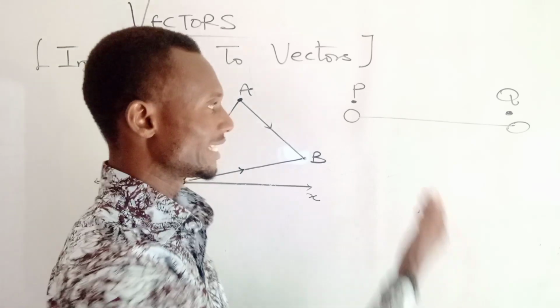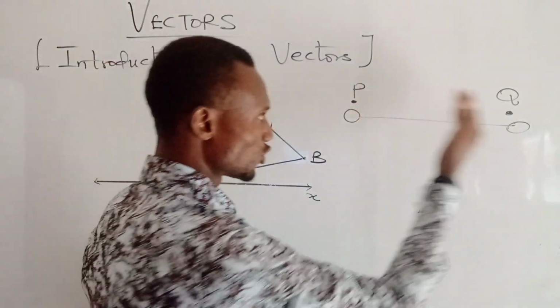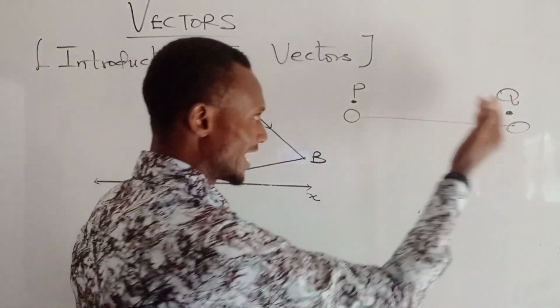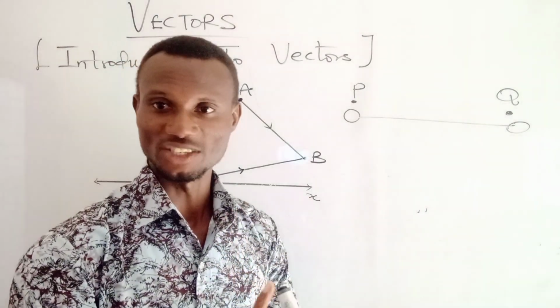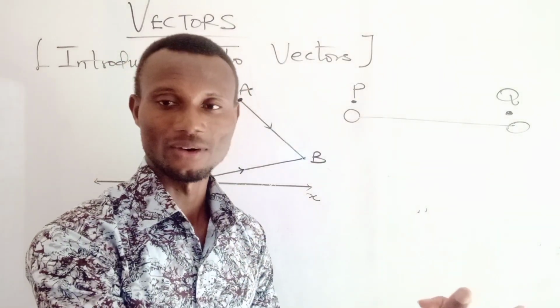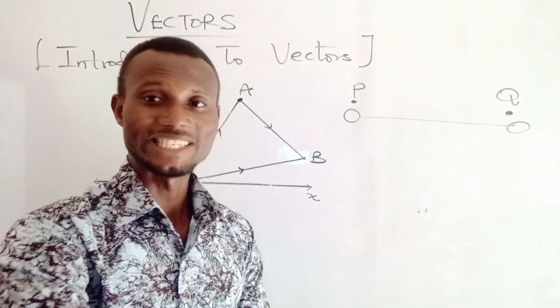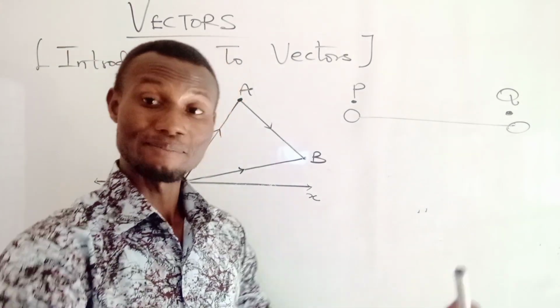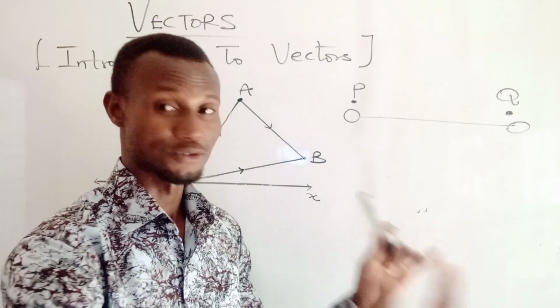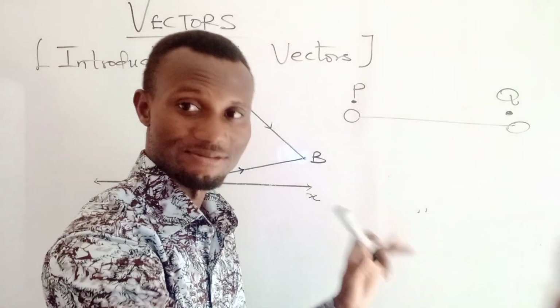So the distance between these two points, P and Q, is the magnitude of the vector, which in other words means the length of the vector. When we speak of the magnitude of the vector, it simply refers to the length of the vector.